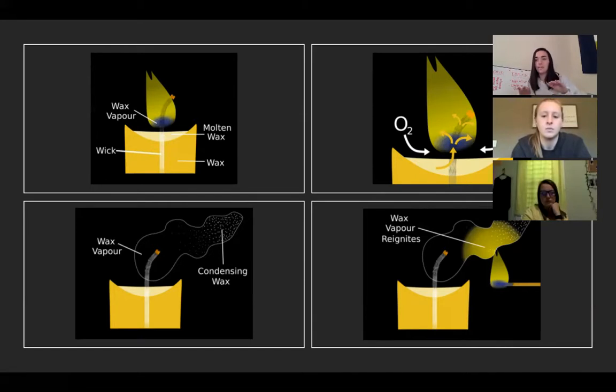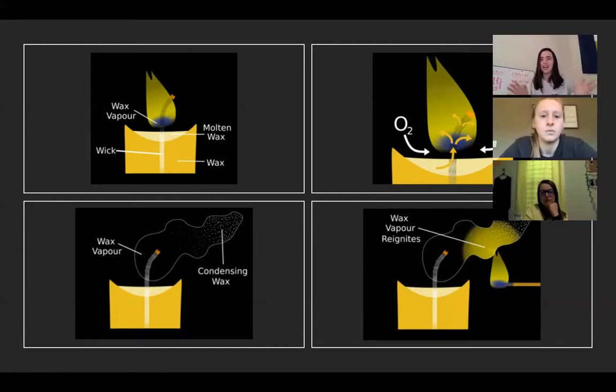And so it'll create combustion. And so these gas wax particles, when they're heated up, travel all the way back down and find the wick, which has other liquid wax that then heats up and turns back into a candle flame, because the process of combustion starts again.